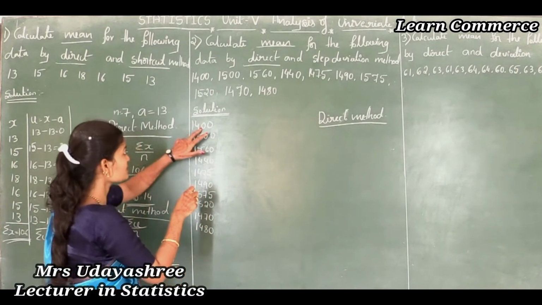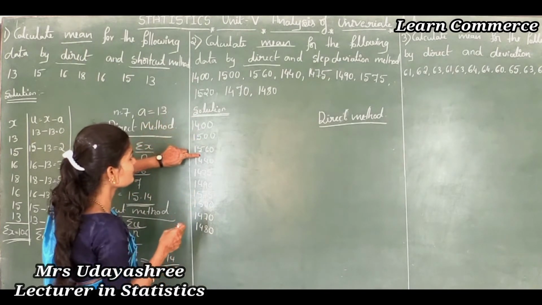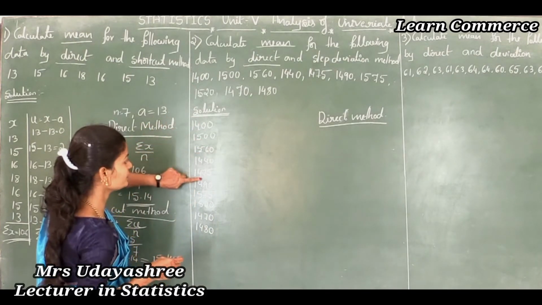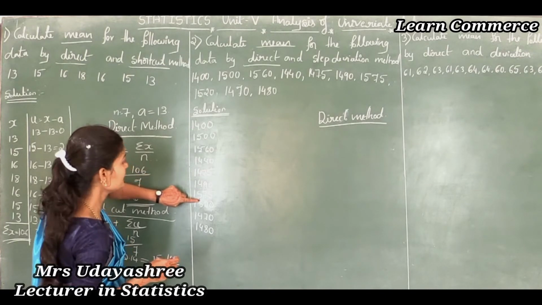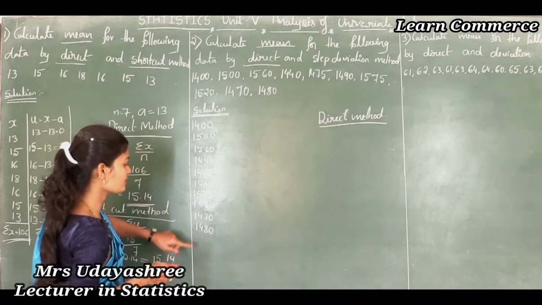So the observations are 1400, 1500, 1560, 1440, 1475, 1490, 1575, 1520, 1470 and 1480.